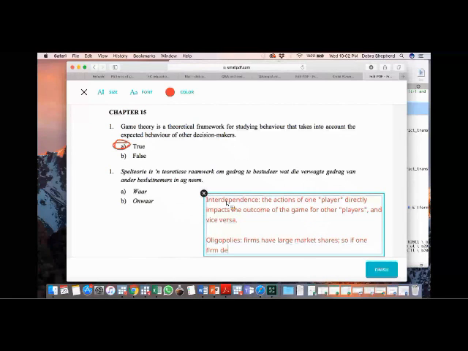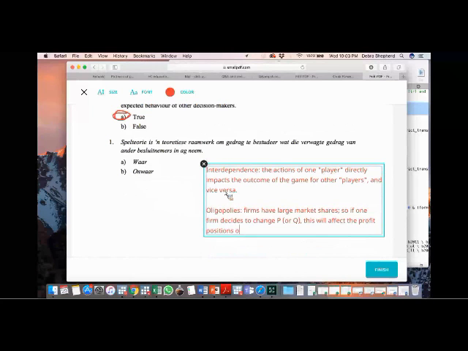So if one firm decides to change price or quantity, this will affect the profit positions of other firms. So oligopolies are inherently dealing with interdependence. When one firm makes a decision to deviate, it affects other firms. And that's why game theory is the theory we use in order to assess oligopolistic outcomes.